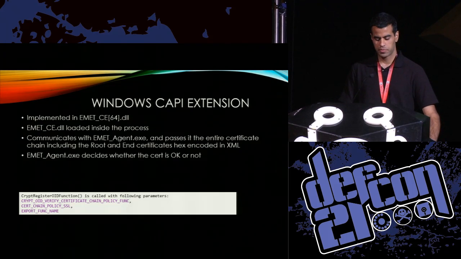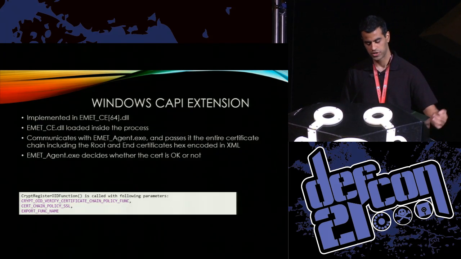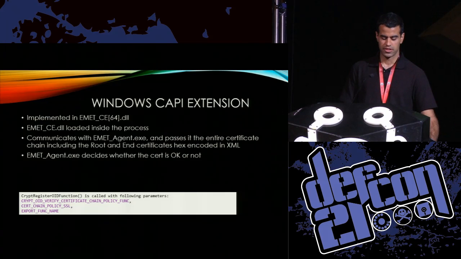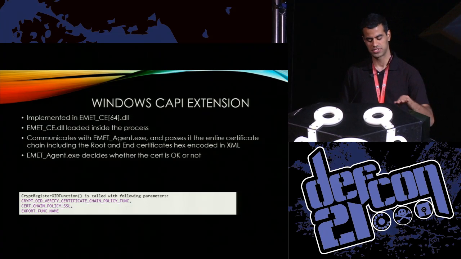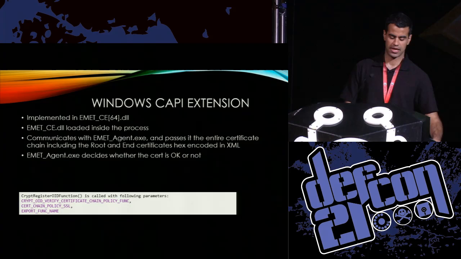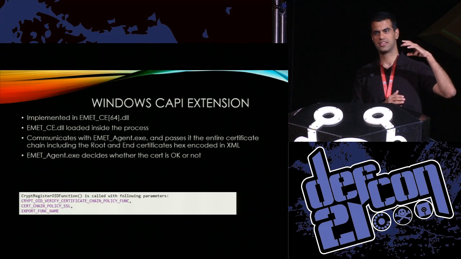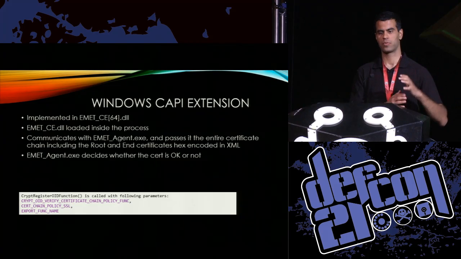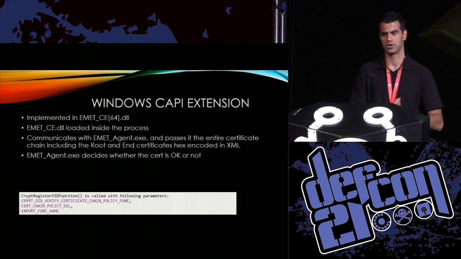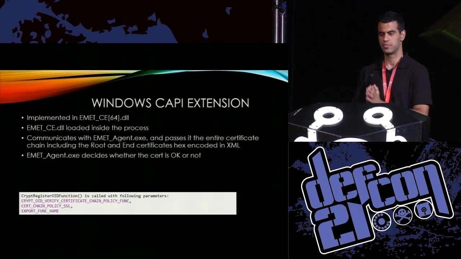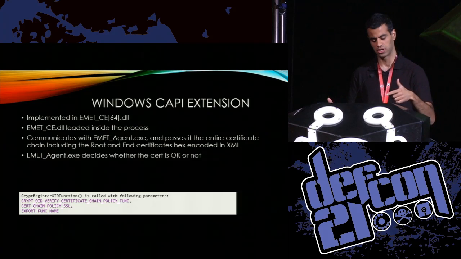So we implemented a Crypto API (CAPI) extension. This is what I said was in the EMET CE 64.dll, and it basically communicates with the EMET agent. We're inside the process that uses CAPI, and we're passing the full certificate chain, so the end certificate, all the intermediate certificates, and the root certificate, to the EMET agent that I mentioned earlier.